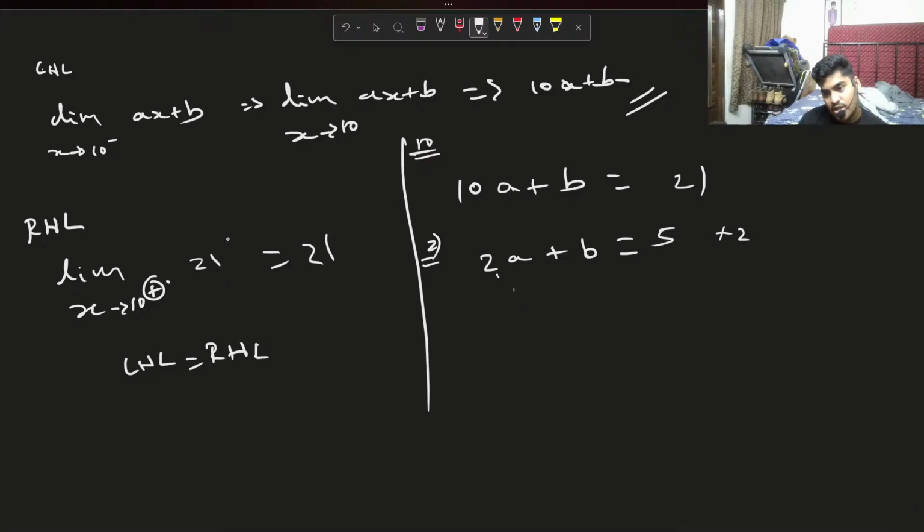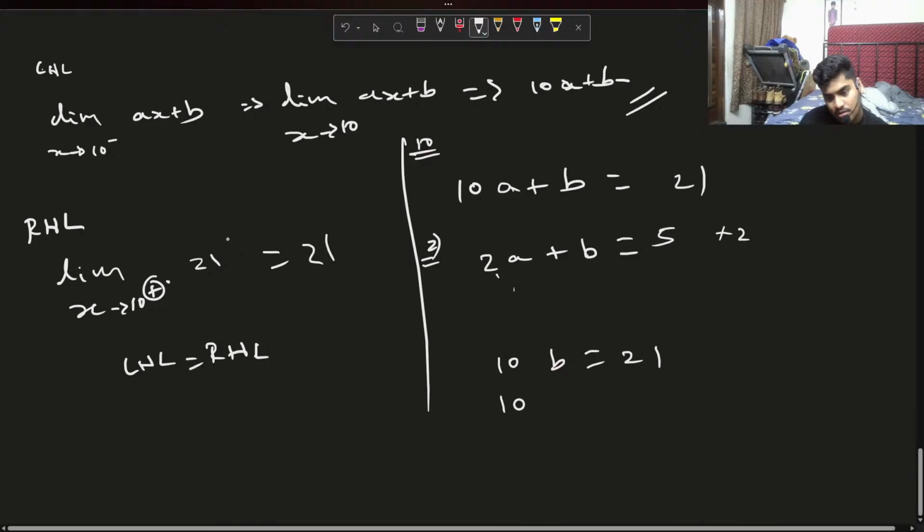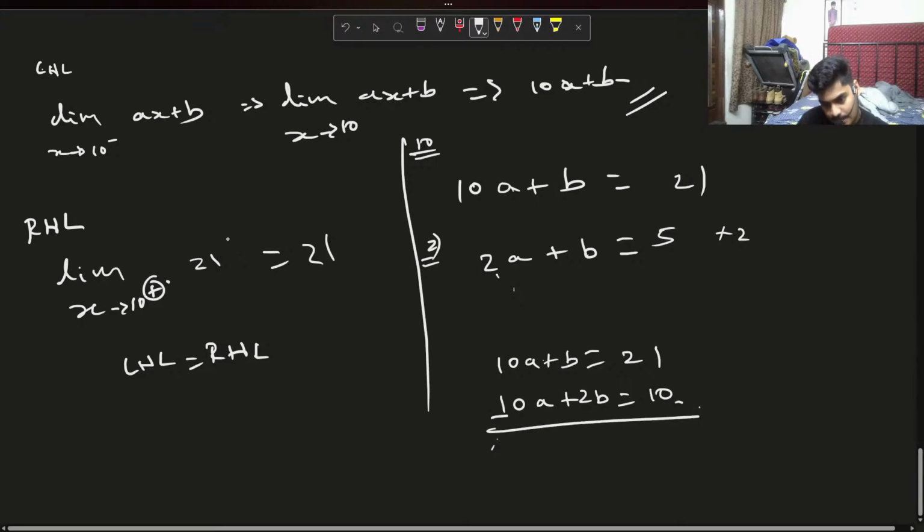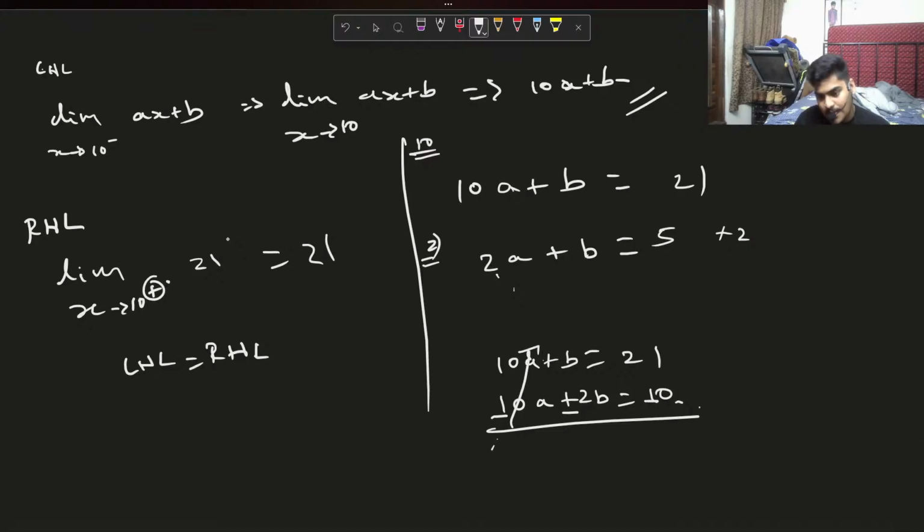So if we multiply this by 2, 10a plus b equals to 21 and 10a plus b plus 2b equals to 10. So here negative, so this will go. So minus b is equals to 11. Correct?